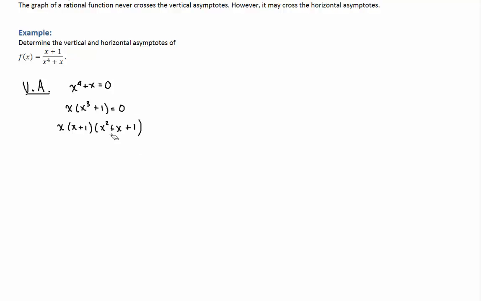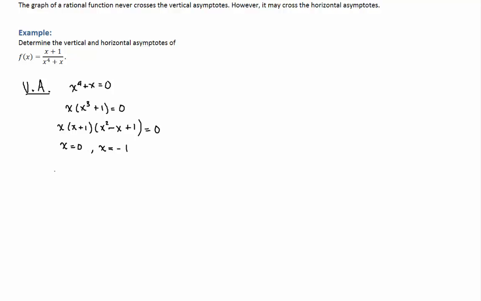Let me erase that. And then we notice that this has no zeros in the reals, and this has x equals 0 and x equals -1. So my two possible vertical asymptotes are x equals 0 and x equals -1.